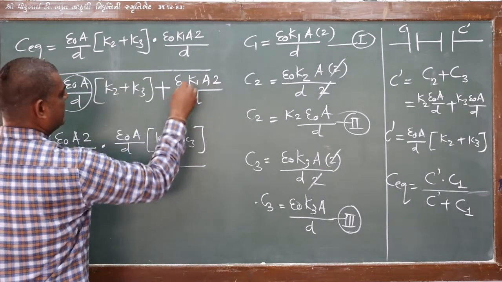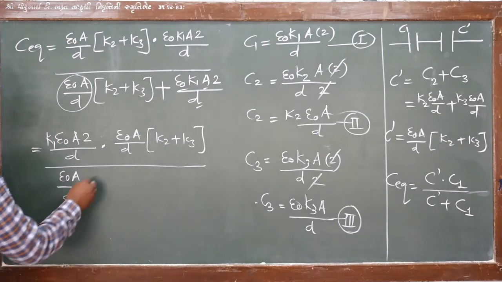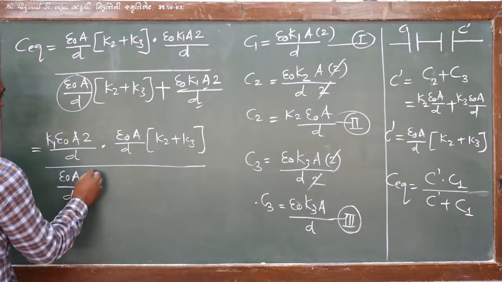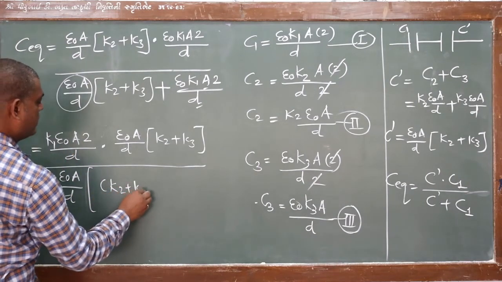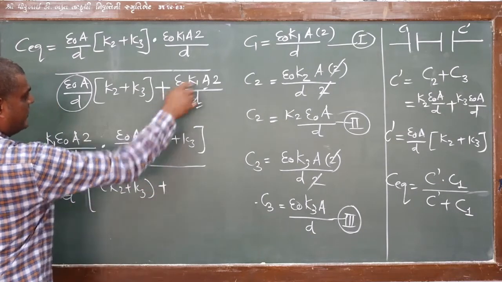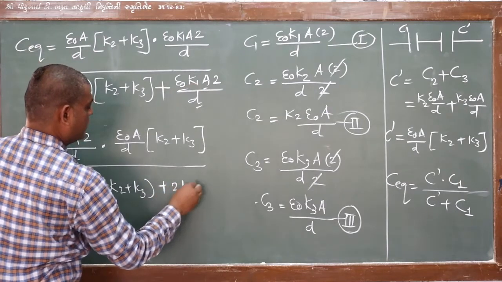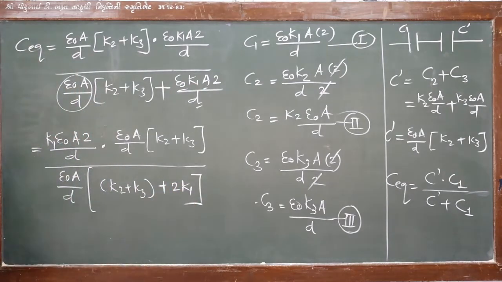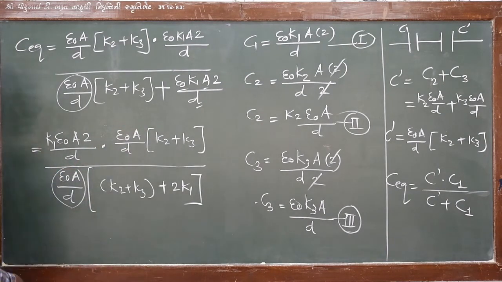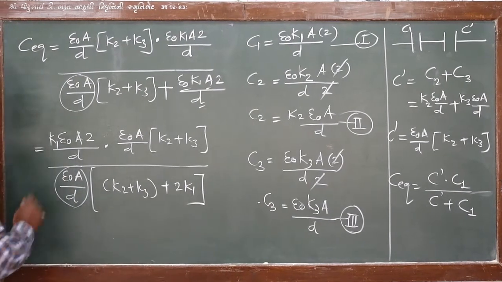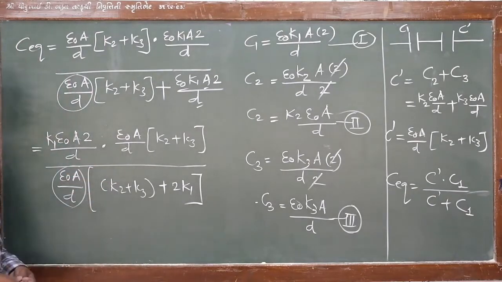We can take common epsilon 0 A by D. So you will get K2 plus K3 plus, from here you will get only 2K1, correct? So this will cancel out, and the remaining thing you can write. So this is your final answer, right? Last step you can solve, right?